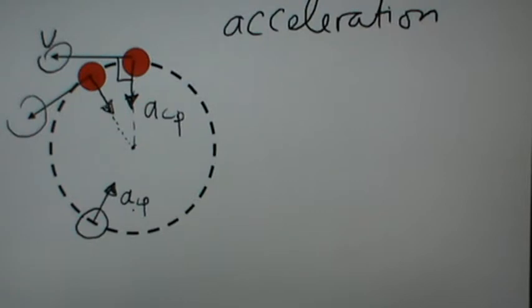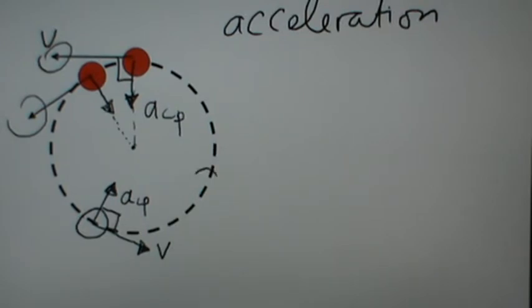Here you will see that the direction of the centripetal acceleration and the direction of the linear velocity v are always perpendicular.